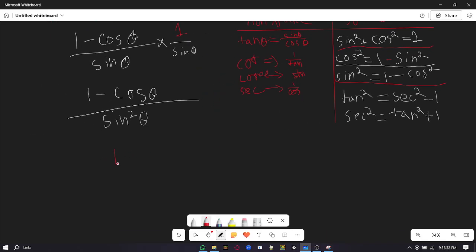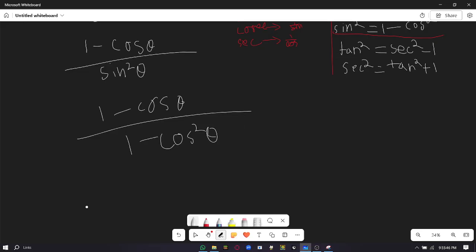So we write this as, first the top, right? 1 minus cosine theta. Bottom, 1 minus cosine squared theta. You may have noticed this is the a squared minus b squared formula. If you're confused how, 1 squared is just 1. So this is a, this is b, a squared minus b squared formula. If you don't know what that expands to, it expands to a plus b and a minus b.